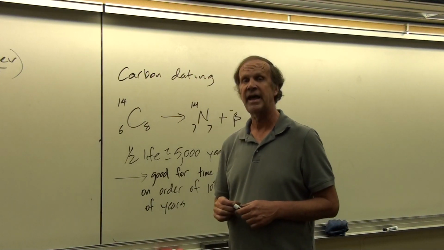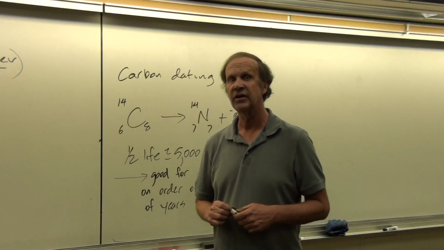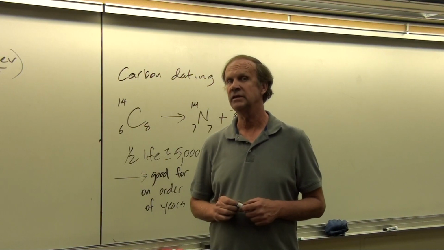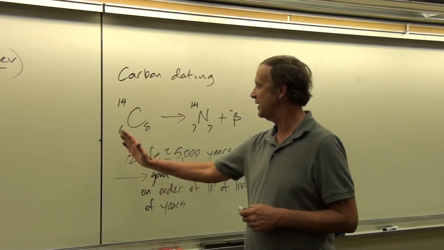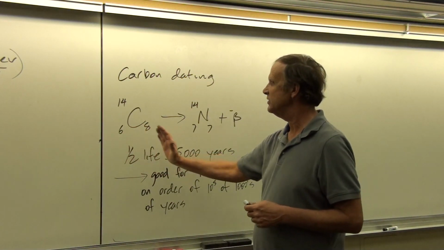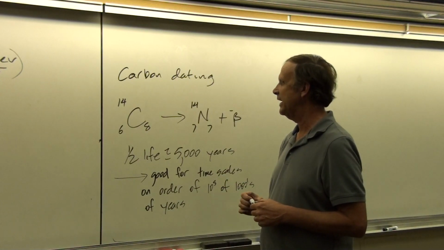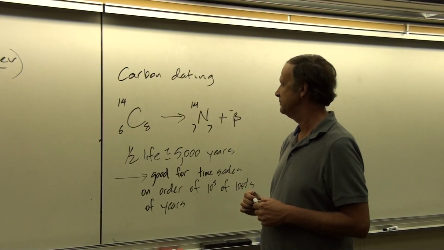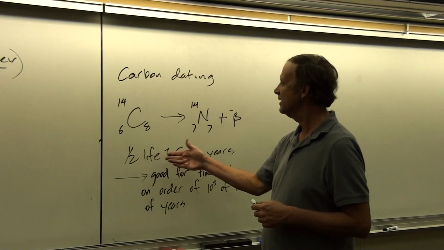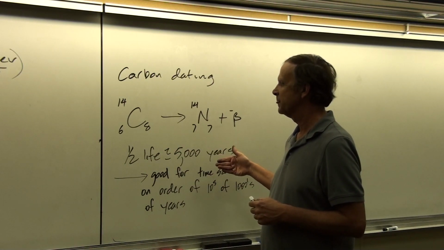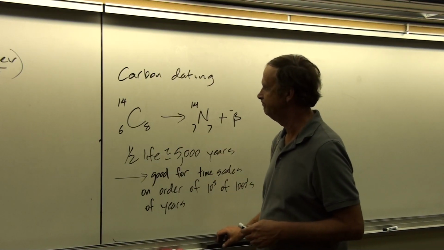We know that the sun has gotten hotter, but more on the order of maybe 10% every billion years. Okay, and so in the amount of time that we might be measuring the age of something using carbon dating, this is probably fairly accurate.